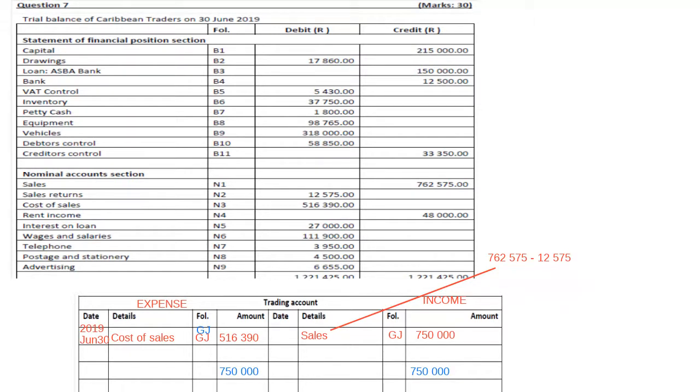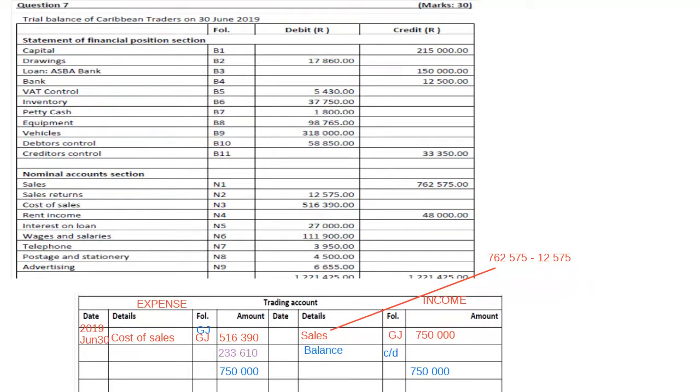Can you see now? So what we need to do, can you see if you say 516 here, it doesn't give you 750. So you must say 750 minus 516,390. You can use your calculator from your side there. Let's see. Okay, I get 233,610. Can you see now?